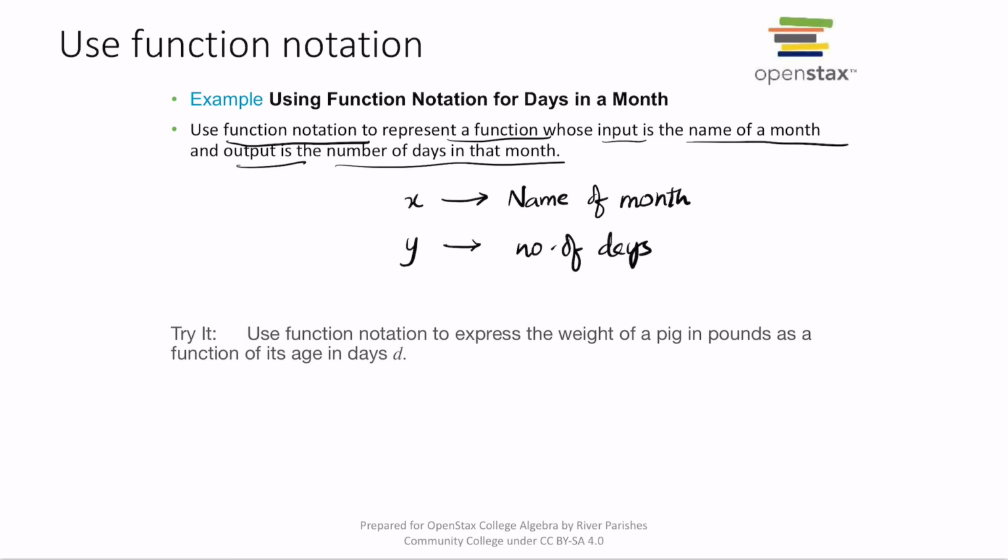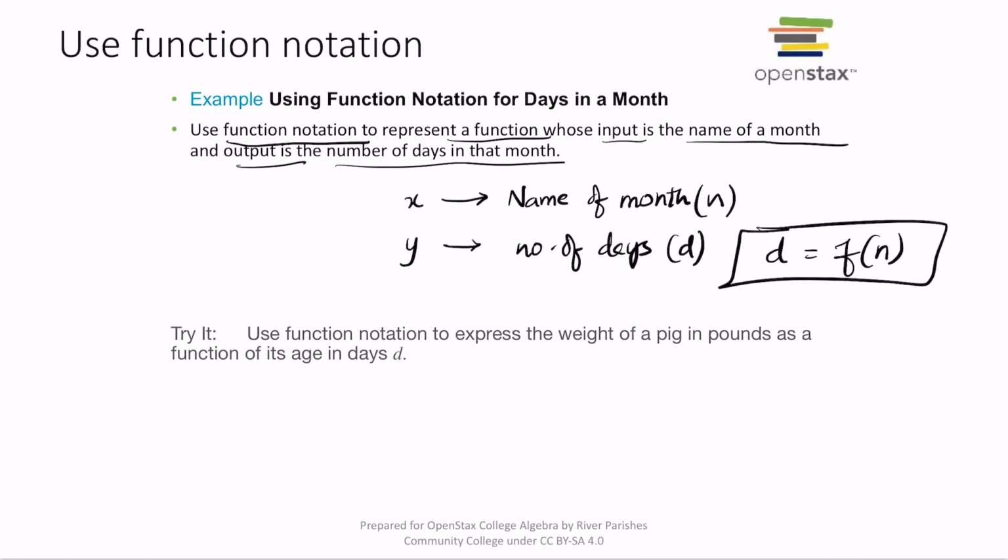How would you represent that? So for example, let's consider the name of the month is n and the number of days is d. Then we would write it as y equal to f of x. Y here is d equals f of n. Right, so this is the notation that you would have written.